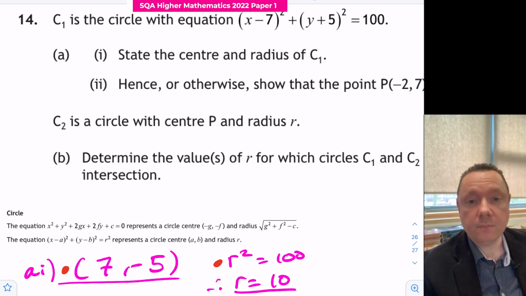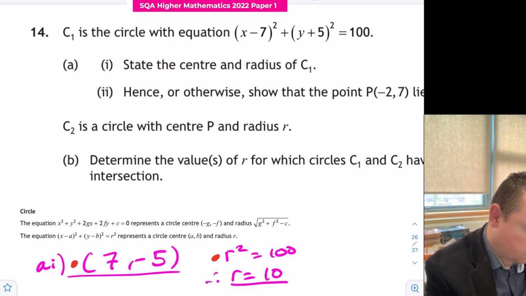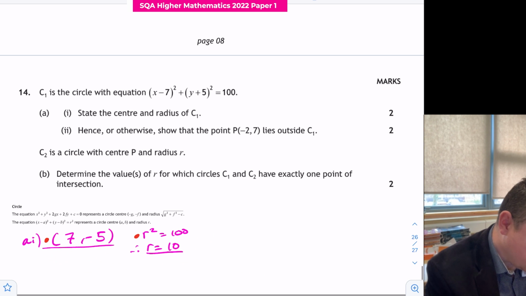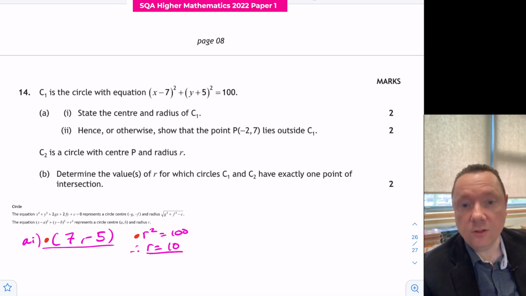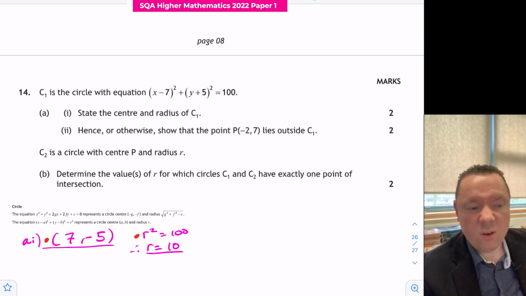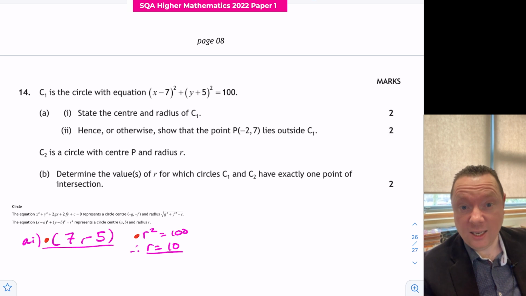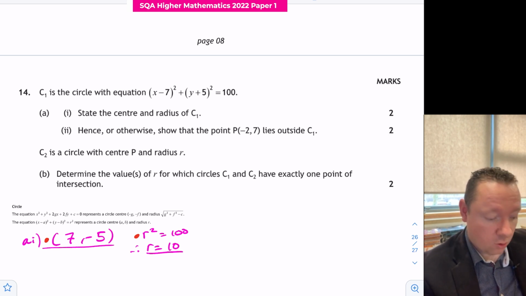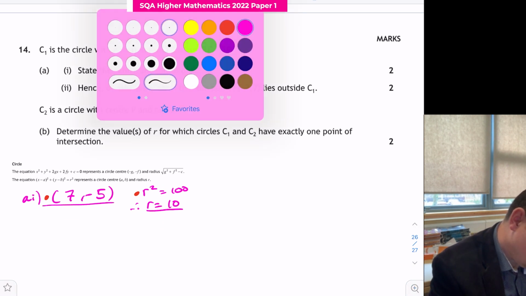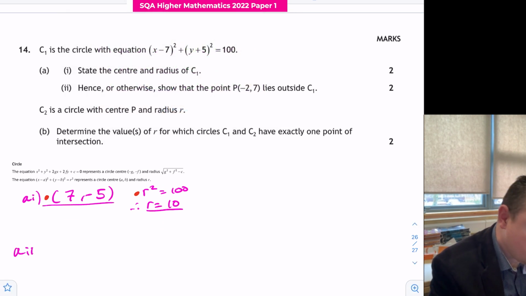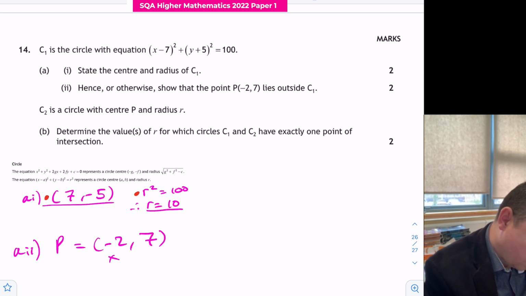Nice to start off with there. So let's move on to part 2 of the question. Part 2 says hence or otherwise show the point (minus 2, 7) lies outside of circle C1. Well, we can just substitute point P into the circle and check, does it actually equal 100 or not? So P equals (minus 2, 7), which is our x and y.